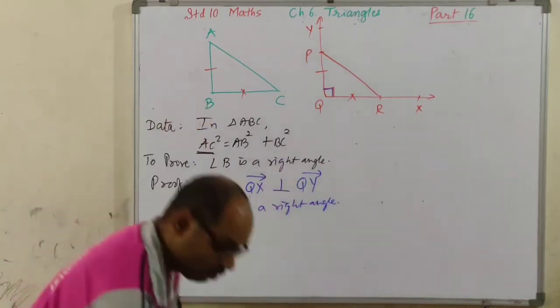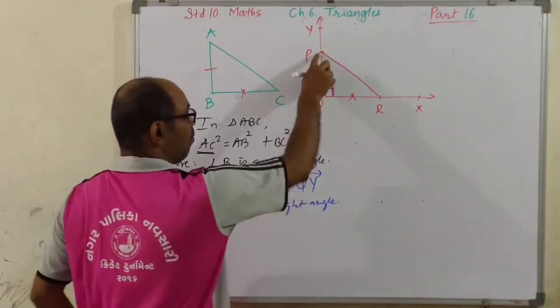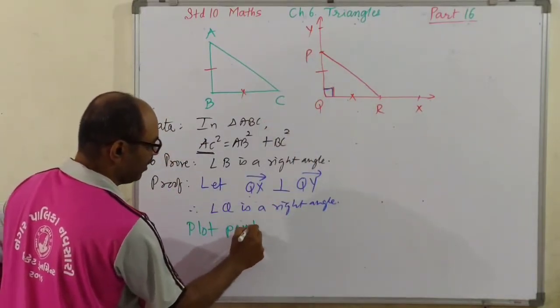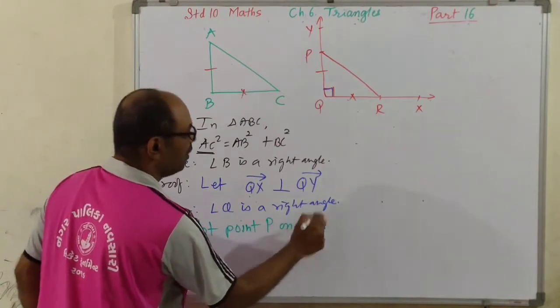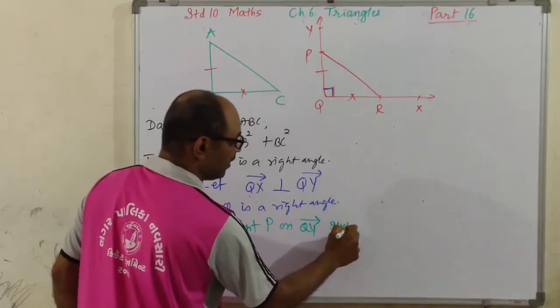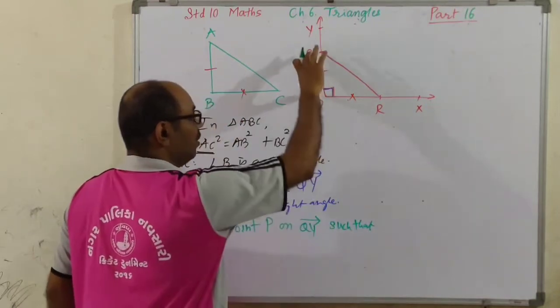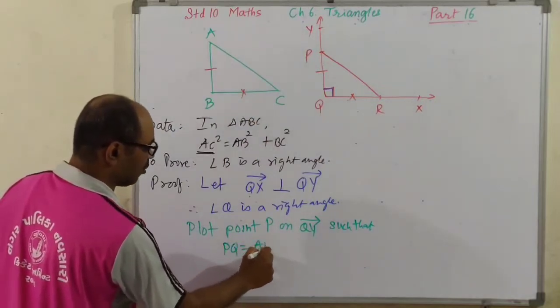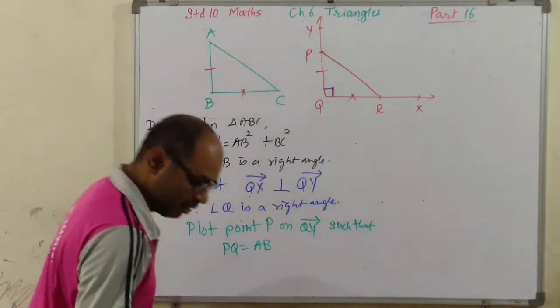Okay? Now, very important. Plot point P on which ray? QY such that PQ is equal to AB. Such that PQ is equal to AB. Alright?